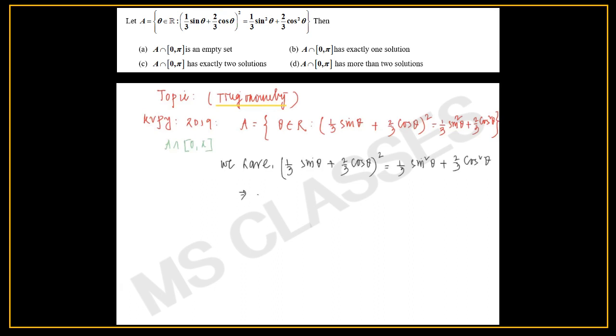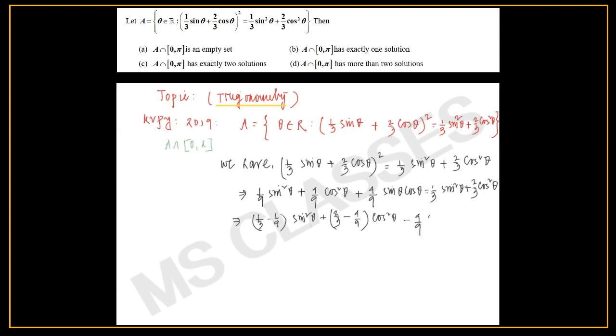Now on simplification we get 1/9 sine square theta plus 4/9 cos square theta plus 4/9 sine theta cos theta equal to 1/3 sine square theta plus 2/3 cos square theta. So it is (1/3 minus 1/9) sine square theta plus (2/3 minus 4/9) cos square theta minus 4/9 sine theta cos theta equal to 0.